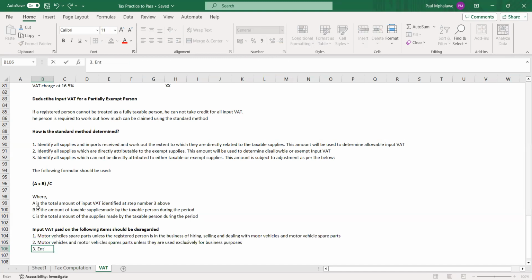Number three, entertainment, including restaurant, meals, and hotel expenses, unless the registered person is in the business of providing entertainment.